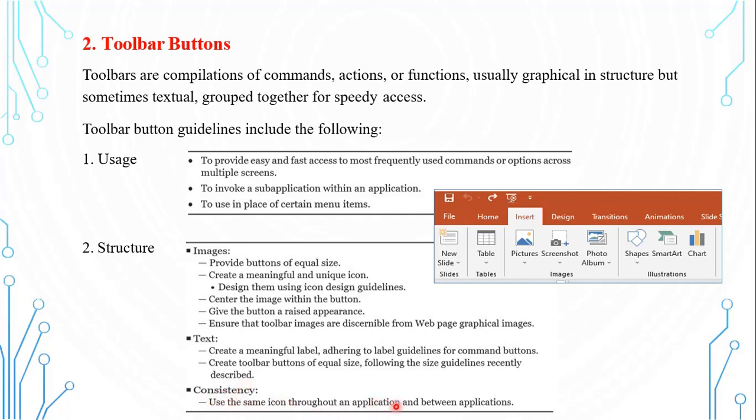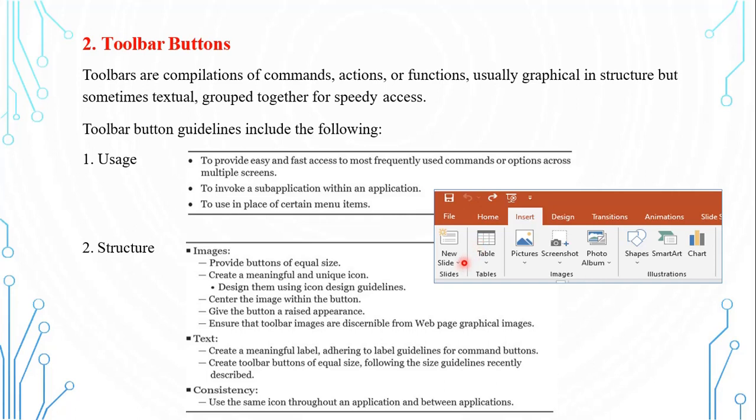Consistency: use the same icon throughout an application and between applications. So your icon should be the same throughout your application and also between applications. Suppose you have opened two different PPTs and you are closing them again and again.